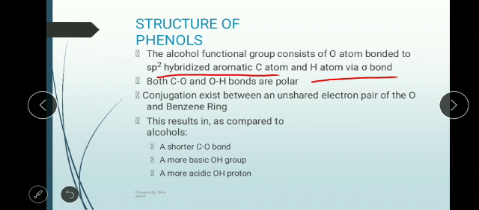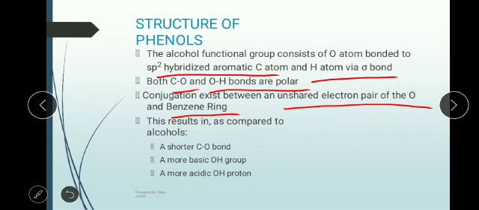You can see the carbon attached to the OH group, and that carbon is sp2 hybridized, and hydrogen is attached to the oxygen via a sigma bond. Both C-O and O-H bonds are polar. Conjugation exists between an unshared electron pair of the oxygen and the benzene ring.